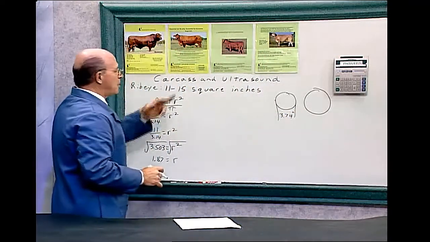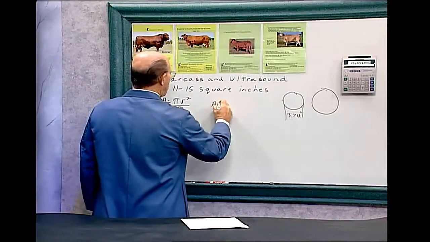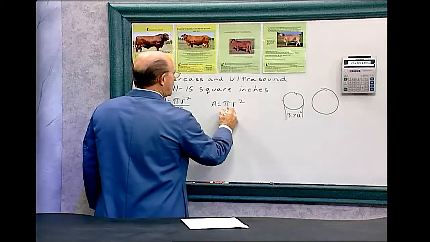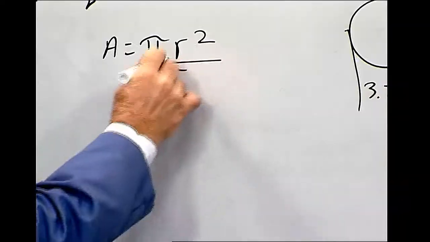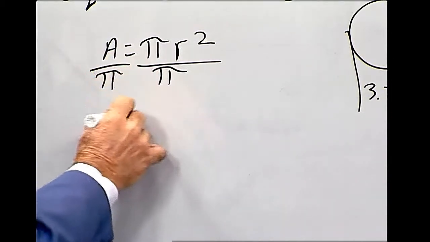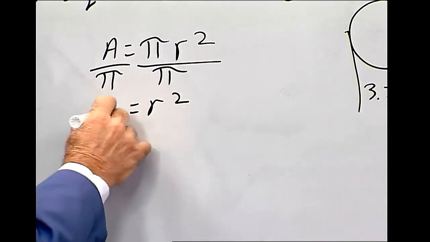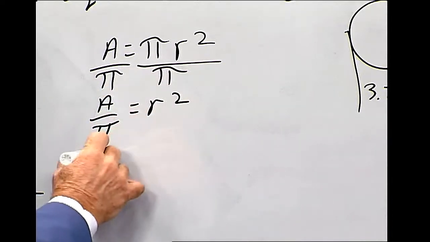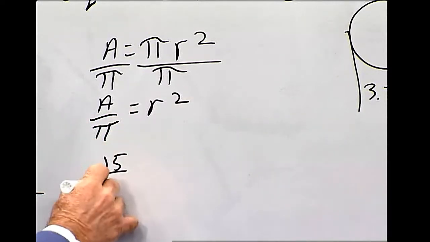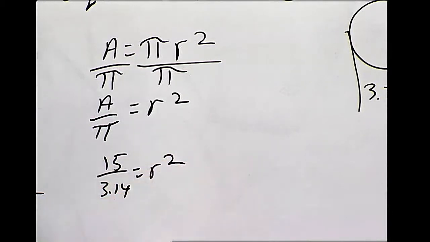Well, let's find what is the 15 square inches. Area equals pi times radius squared. And again, we want to isolate the radius squared, so divide by pi each side. So radius squared equals A over pi, and that will equal 15 divided by 3.14 equals radius squared.